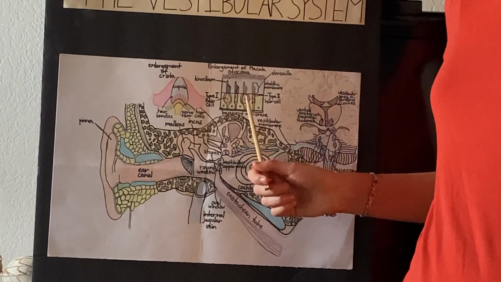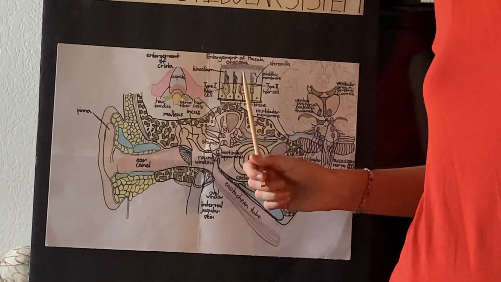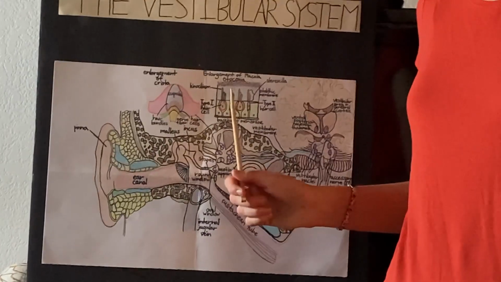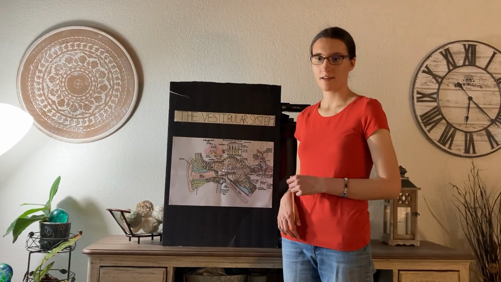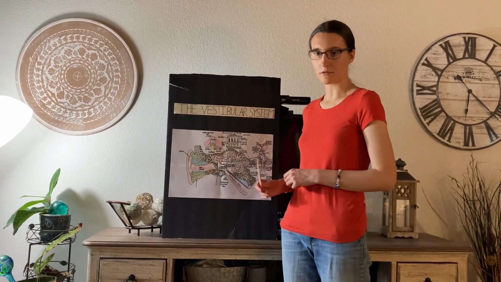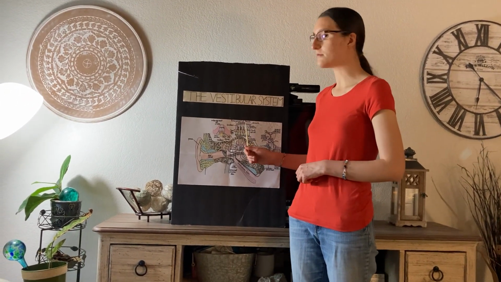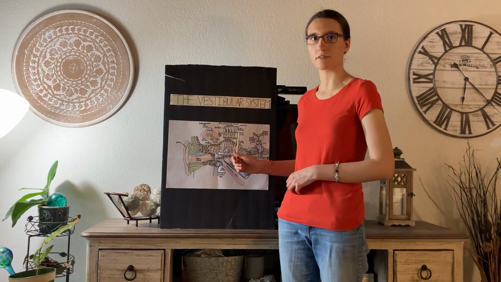The movement of hair bundles, such as deflection from the tilting of the head, is what alters the rate at which nerve pulses are sent. The membranes of the otolith organs are enclosed with calcium carbonate crystals.